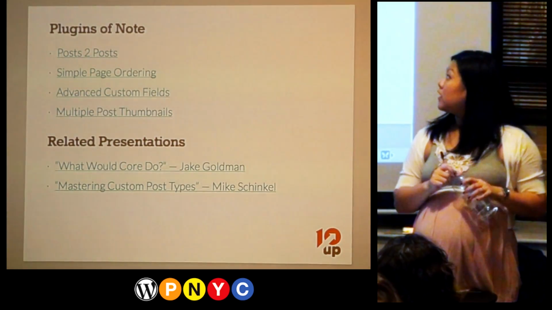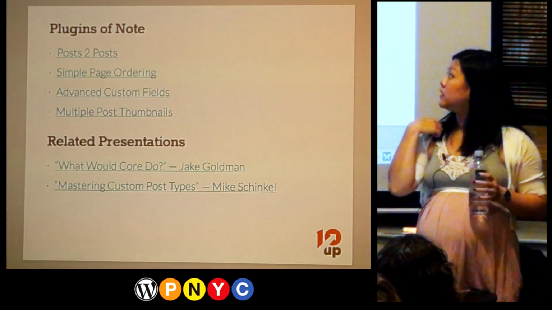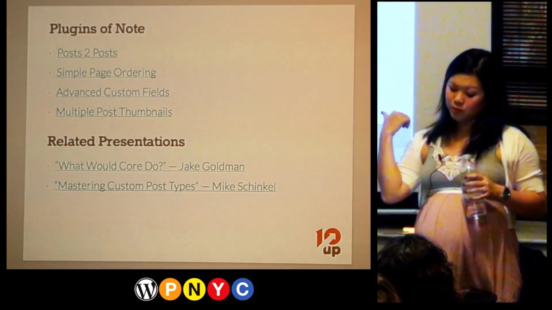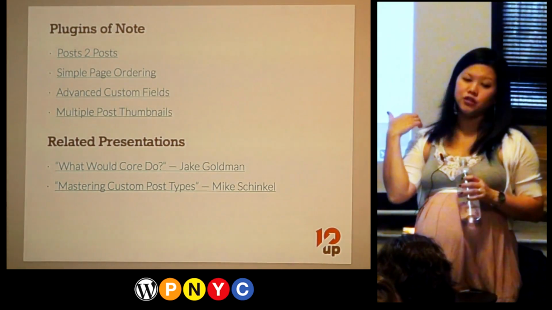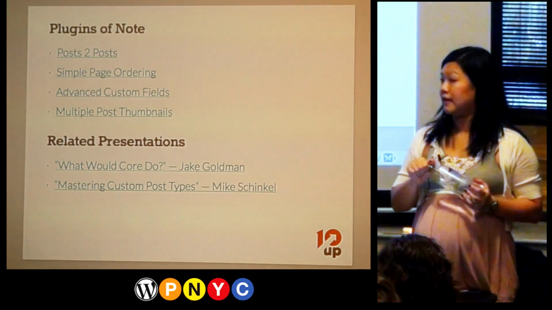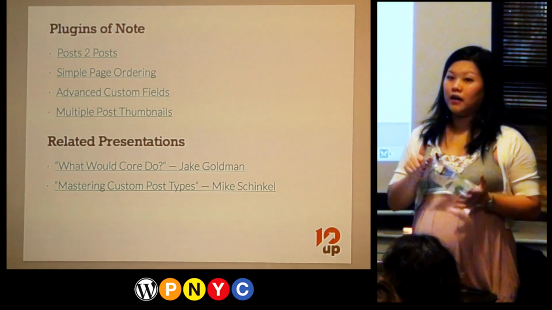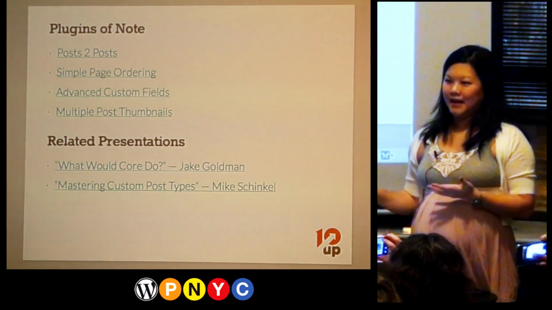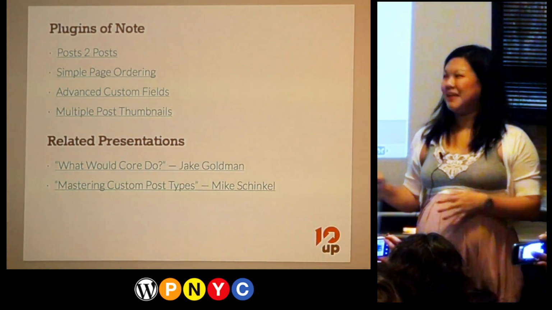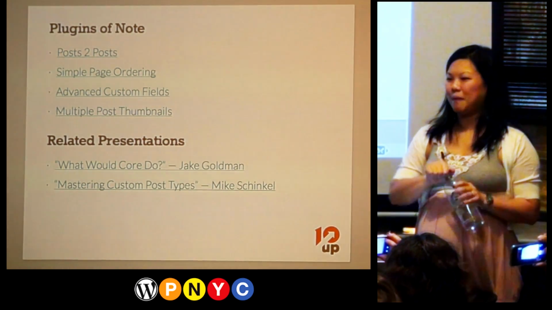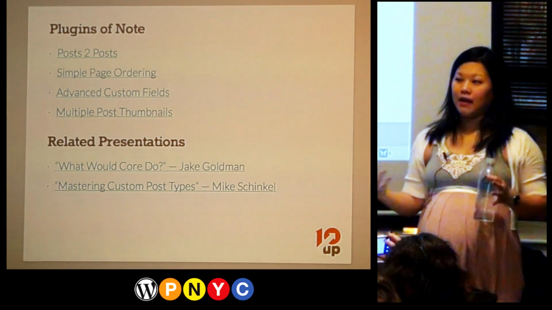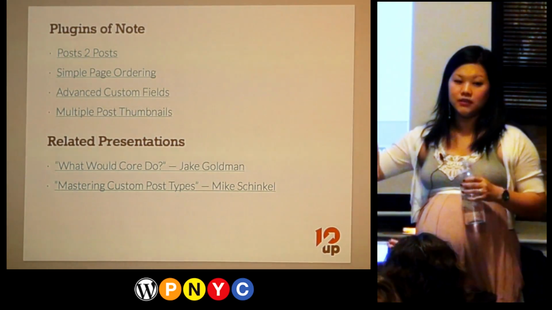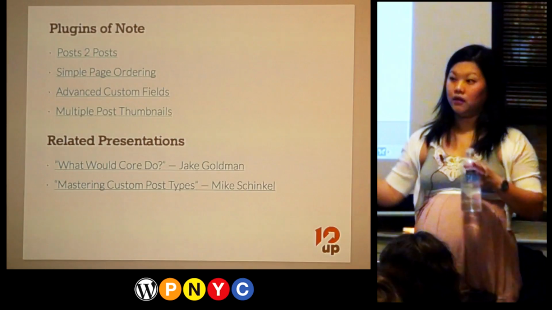Some plugins of note, ones that I talked about: Posts to Posts is a great one, Advanced Custom Fields, Multiple Post Thumbnails. I put Simple Page Ordering in there as an example of something that we install in the background a lot. It is a plugin by Jake Goldman, who's the owner of 10up. So that's part of why we like it. But it also allows clients to drag and drop pages in order, on the list table itself.